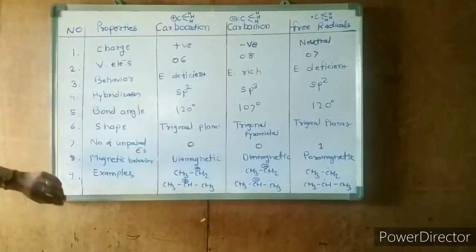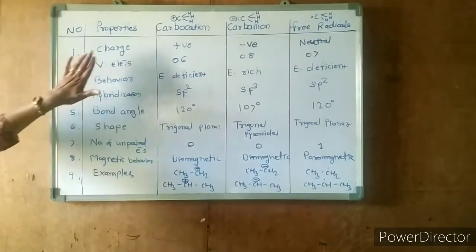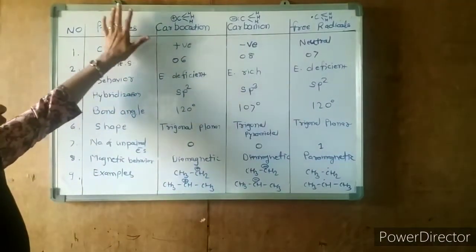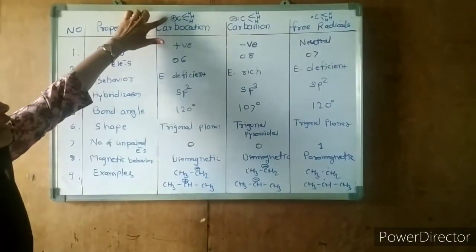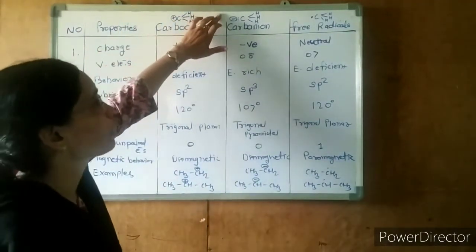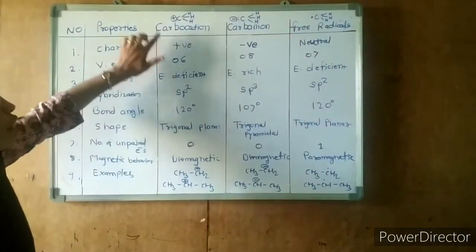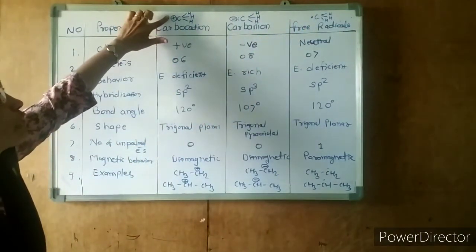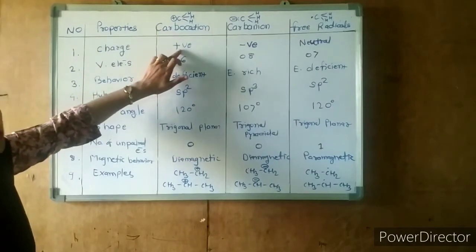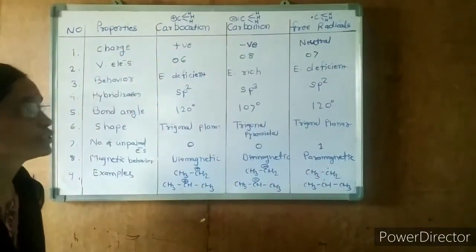So let us discuss the first property, that is charge. Charge on the carbocation is positive. See here, this is the carbocation, this is the carbanion and this is a free radical. What is the charge on the carbocation here? Plus charge. So it is positive, right? Charge on carbocation is positive.